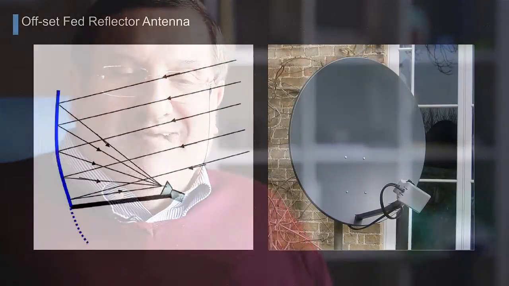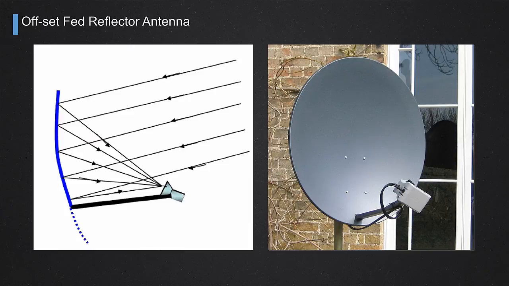This one is the most familiar because all, I would say, antennas used at home for receiving TV channels from satellite are in fact of the offset type. The offset configuration again has several advantages, apart from not creating shadowing of the main reflector, as you can see from the slide.